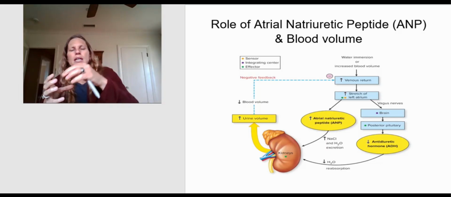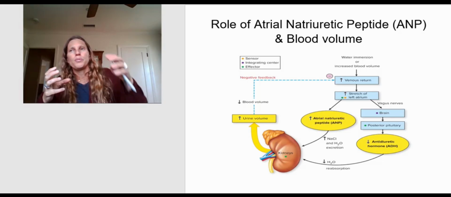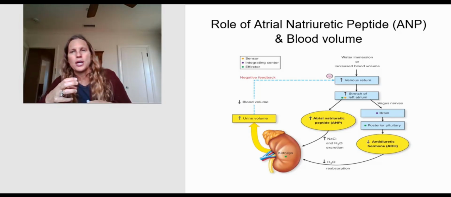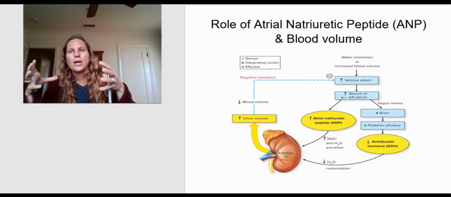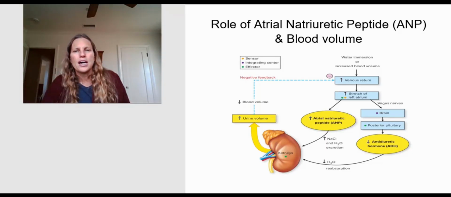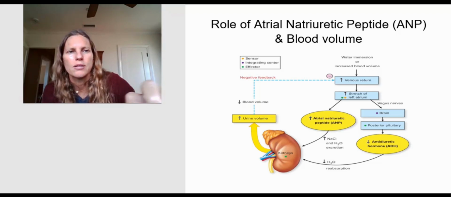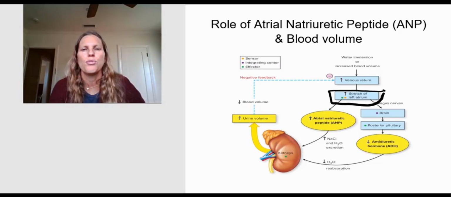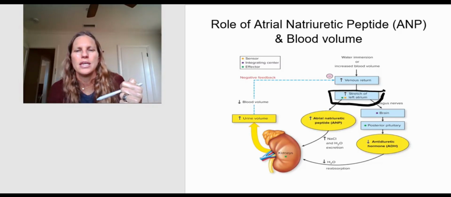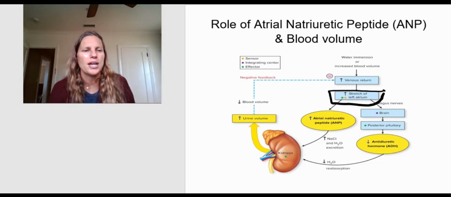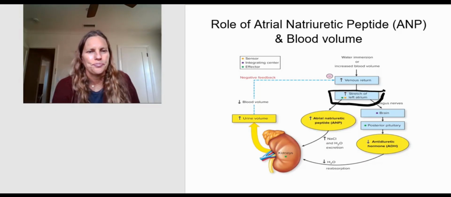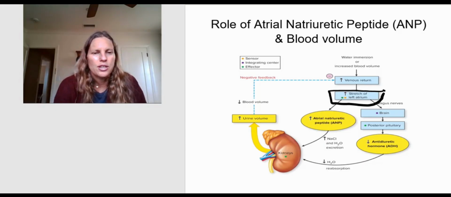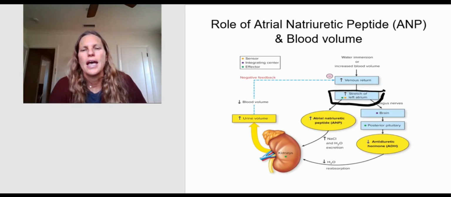So we've got more blood returning to the heart, more blood in the atria, and the walls of the atria stretch. So we've got more blood in the atria. The atria stretch, right atria, left atria, any atria. There's more blood in there, and that causes the atria to release the hormone called ANP.